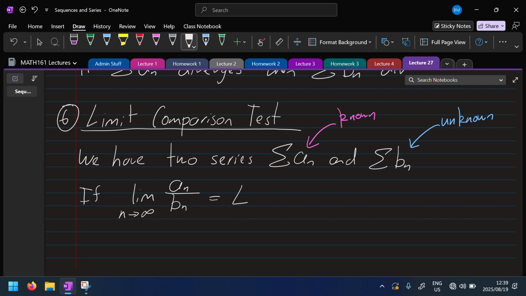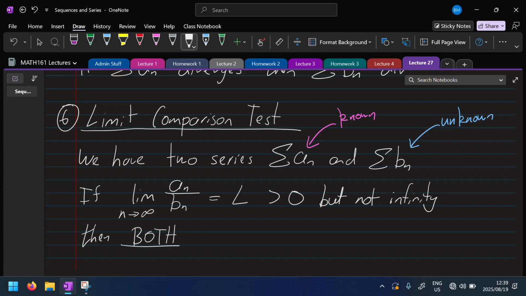Let's call it L. Okay, if L is greater than 0, but not infinity, then both converge or both diverge.